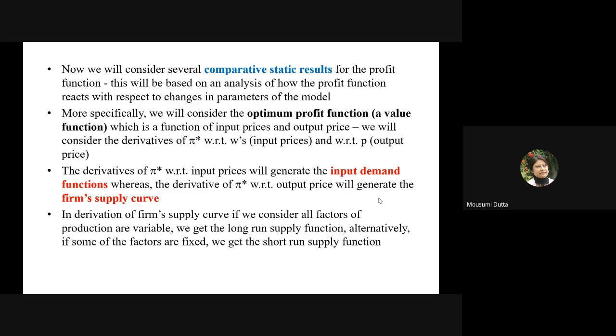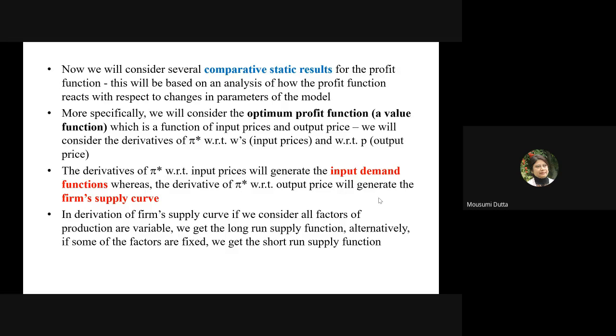So the value function is a function of several parameters. In our case, the optimum profit function we derived was a function of W, R, P, etc. Okay. So now we will consider changes in this W, R and P, and we'll like to find out how pi star value is changing or how the equilibrium is changing.